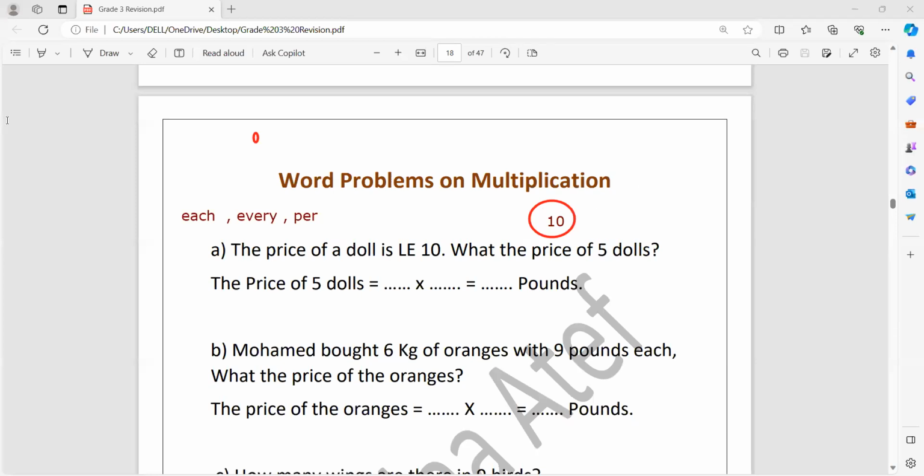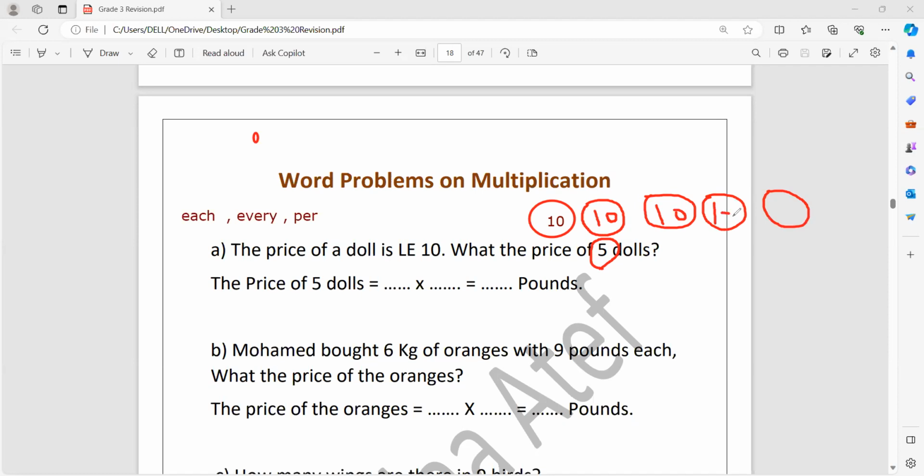Yes, 5 times, because I am going to buy 5 dolls, not only one. So I have 10 for the first doll, 10 for the second, 10 for the third, 10 for the fourth, and 10 for the fifth one.